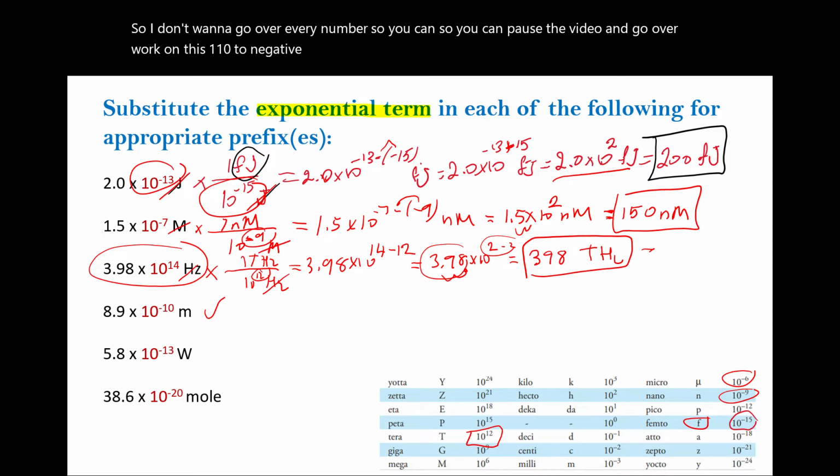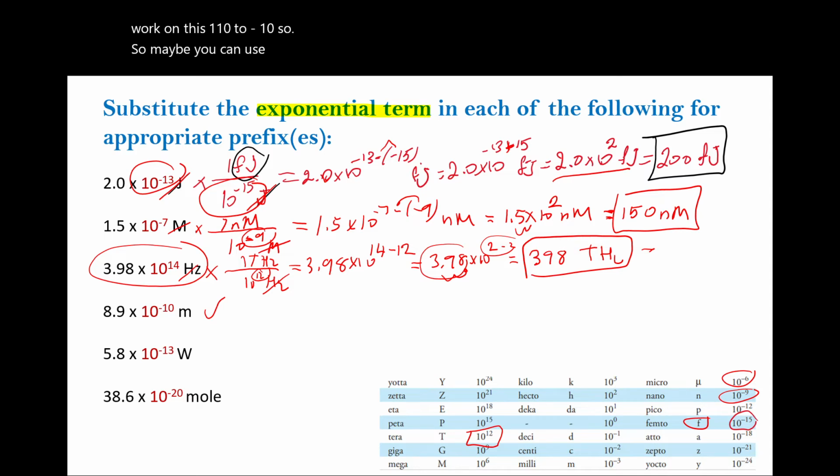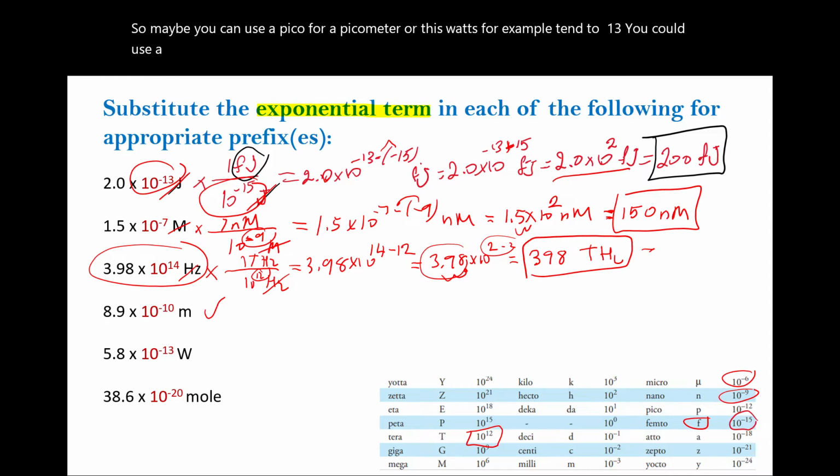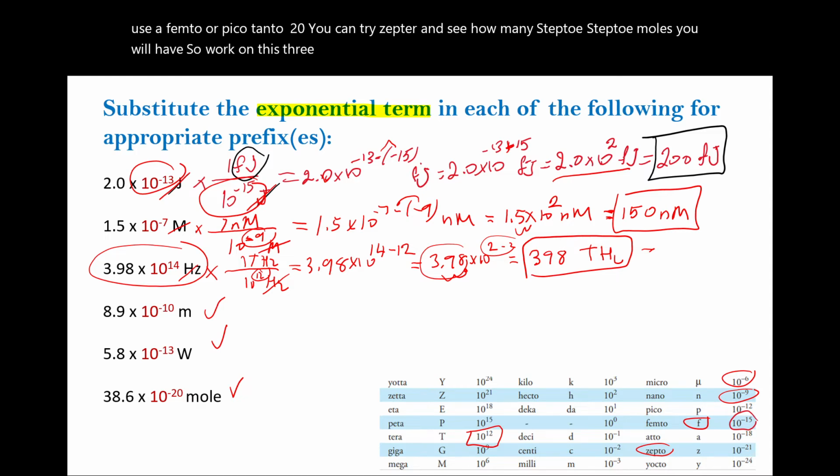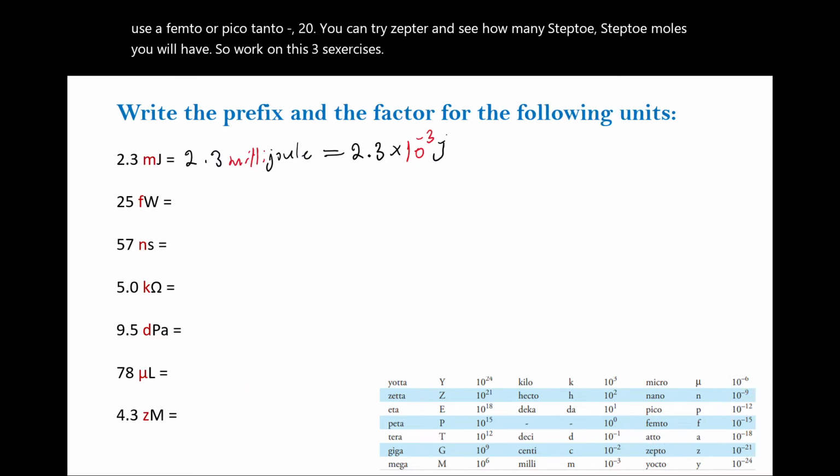Maybe you can use pico for a picometer, or this watts, for example, 10 to negative 13. You could use femto or pico. 10 to negative 20, you can try zepto and see how many zepto moles you will have. So work on these 3 exercises. Let's see what else we got.